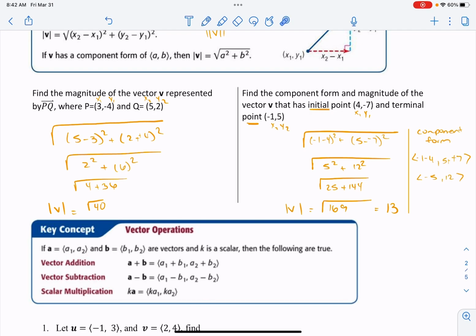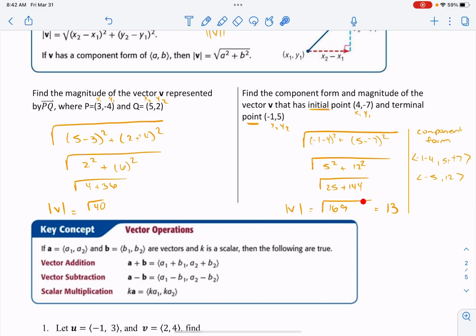So notice we get -1 minus 4, which is going to give us a -5, but it could be just 5 because it's going to be squared, which is 25. The negative and negative become a positive, which is 12 squared, which is 144. And the square root of 169 is 13.